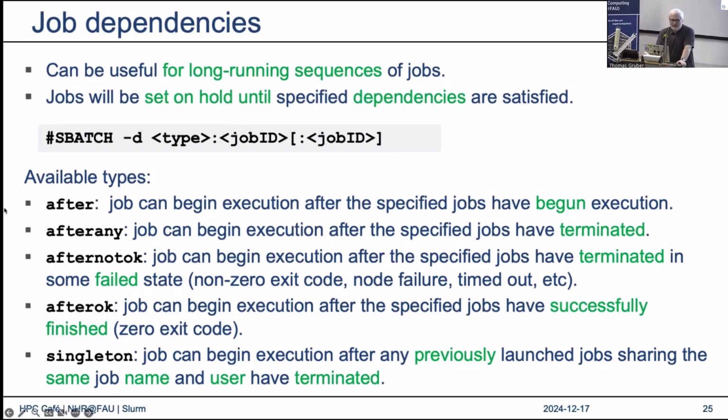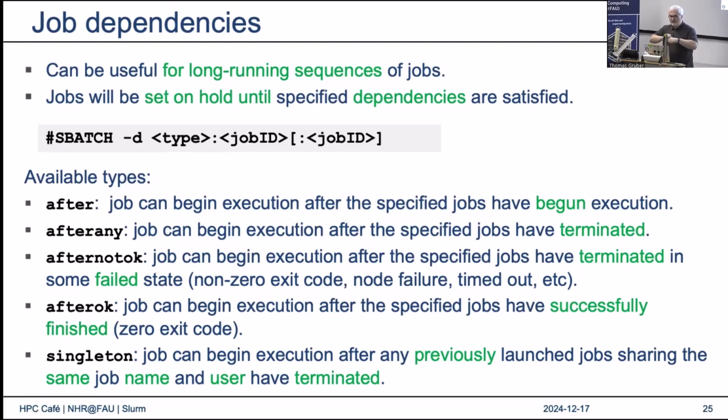So these are probably the two most popular ones. There's one that we just discovered today, very interesting, singleton. If you have a real large bag of jobs and you don't really care which one of them takes longer or which one finishes earlier or later, but you want to know when the last one of these many jobs has ended, you can submit the job as a singleton. A singleton means that this job that you just submitted can only begin execution if all other jobs previously launched with the same job name and the same user have finished.